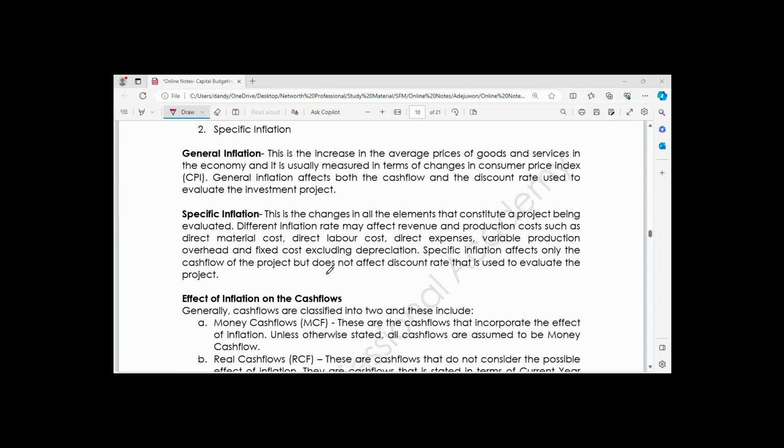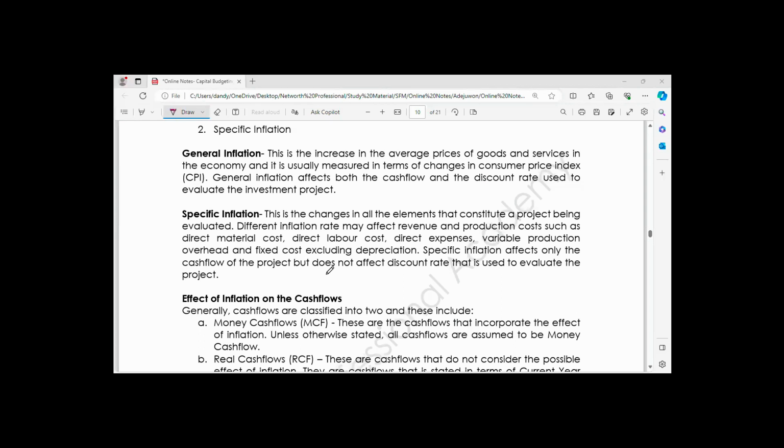Okay. Generally, in relation to inflation, there are two types of cash flows. There is money cash flow, and there is also real cash flow. Money cash flows are cash flows that include the possible effect of inflation. I repeat, money cash flows are cash flows that include the possible effect of inflation.